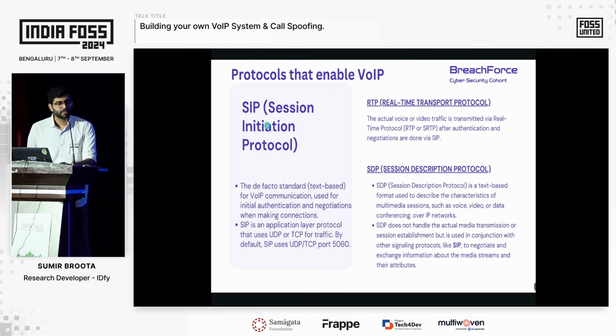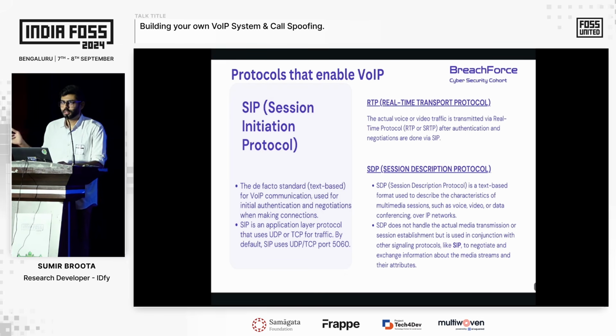There are three main protocols that enable VoIP that I would like to cover today. The first is the Session Initiation Protocol. This is a text-based protocol, and it works over port 5060 on the UDP and TCP protocols. The issue with this is that it's only for initial authentication and negotiation. It doesn't cover the whole aspect, and it's not meant to.